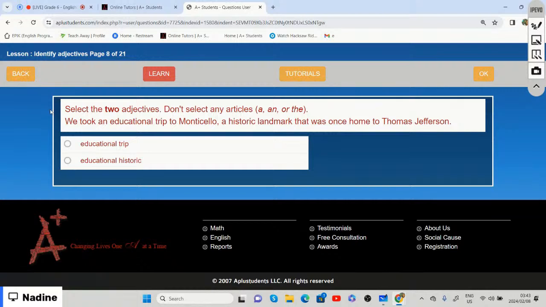So we need to select two adjectives, right? We took an educational trip to Monticello, a historical landmark that was once called Thomas Jefferson's home.